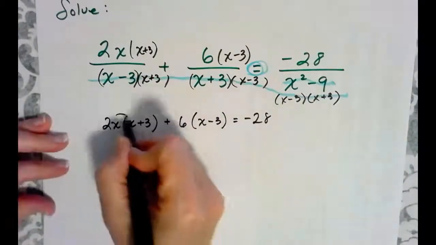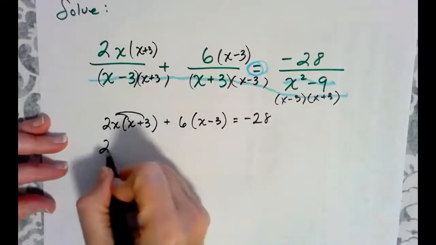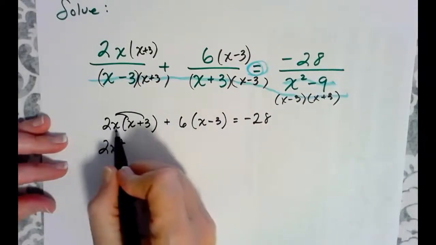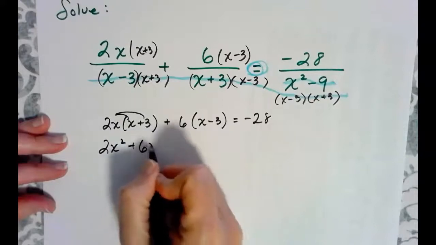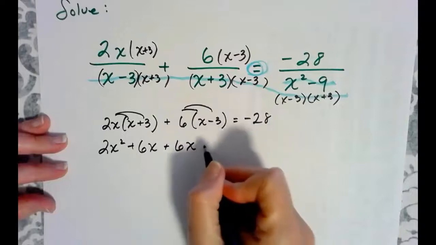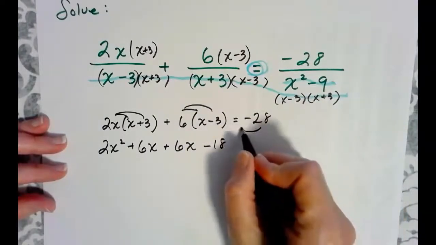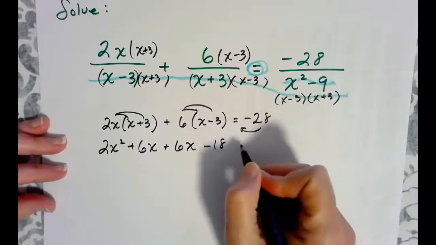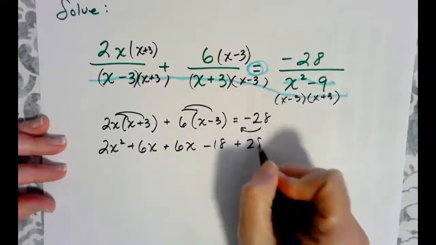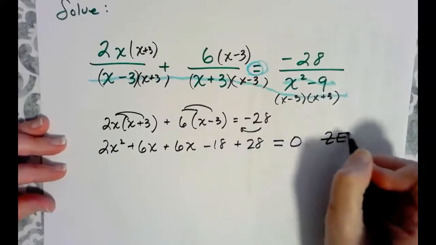So follow order of operations and simplify. 2x times x is 2x squared. 2x times 3 is plus 6x. Distribute the 6, another 6x, and 18. And to save ourselves a step, I'm going to go ahead and bring -28 over to the other side, make it +28, and set equal to 0.